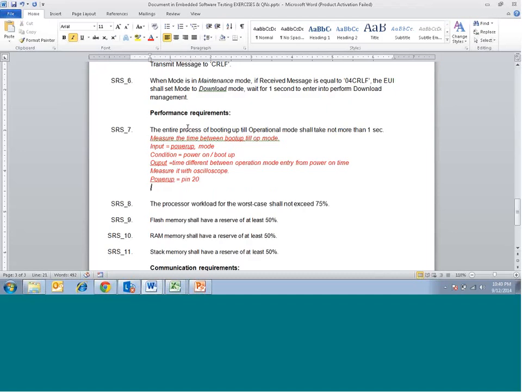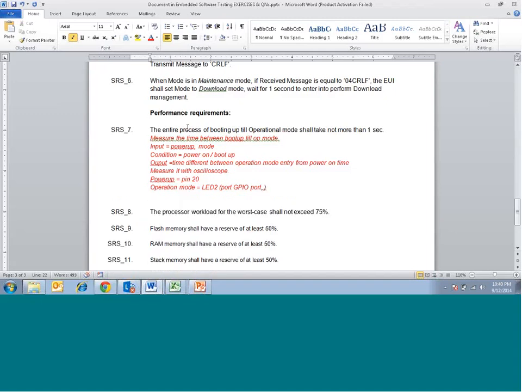And operational mode, if it is tied to an LED, say LED 2, it will have a port, something like a GPIO port. So these two we can see, with the reference as 1 being the power up pin and the other being the LED port when it becomes operational mode. That difference we can find out with the help of this. So that will become a test case in terms of measuring.